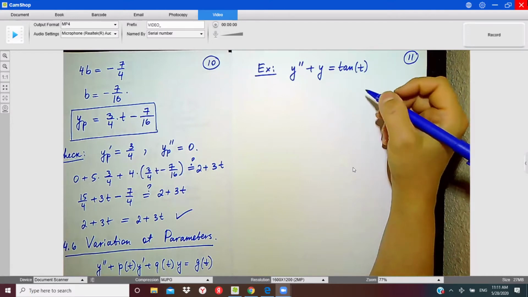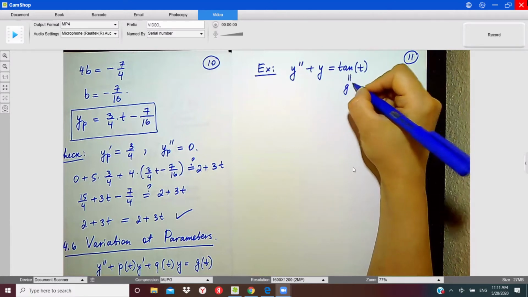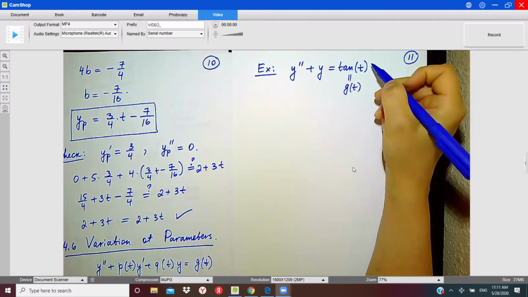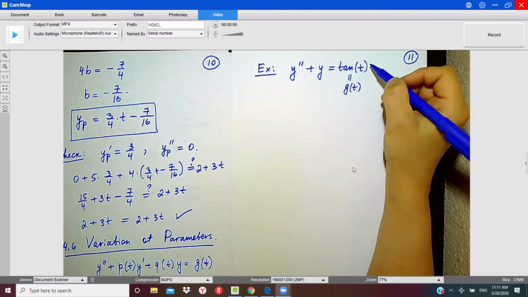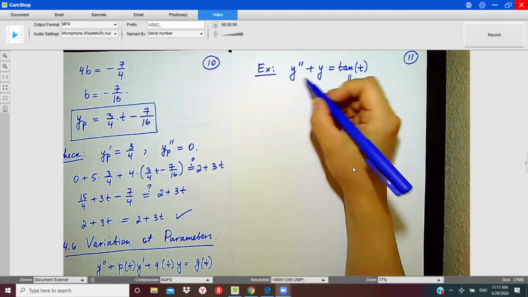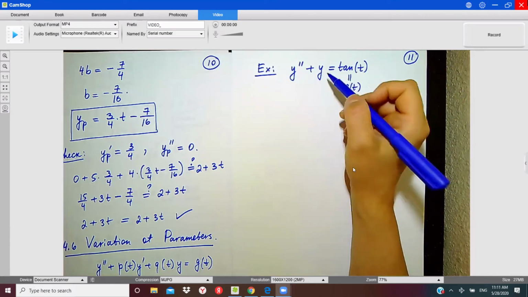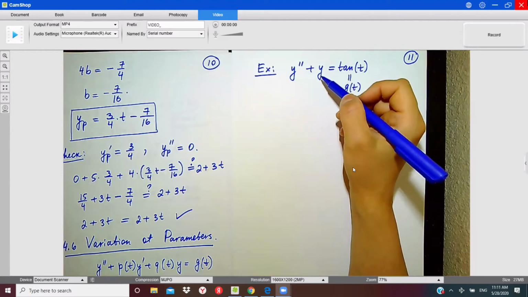So this is your g of t, right? And it could be any function, including nonlinear. So g of t could be a nonlinear function of t. The equation is still linear because the second derivative of y and y appear in linear fashion.